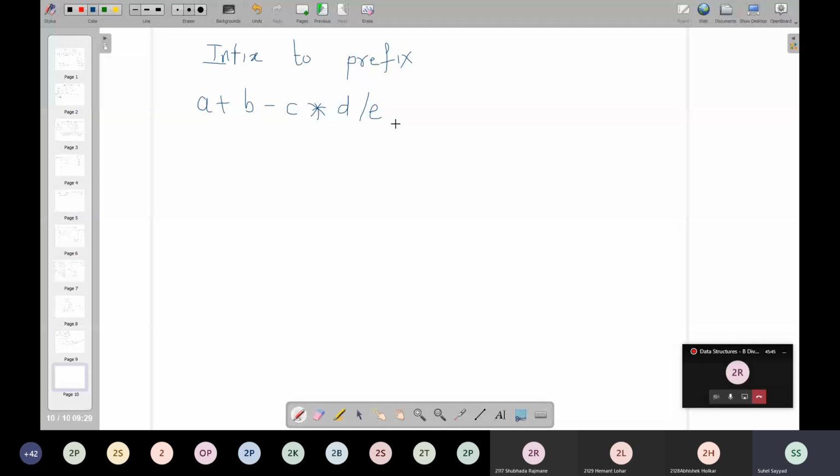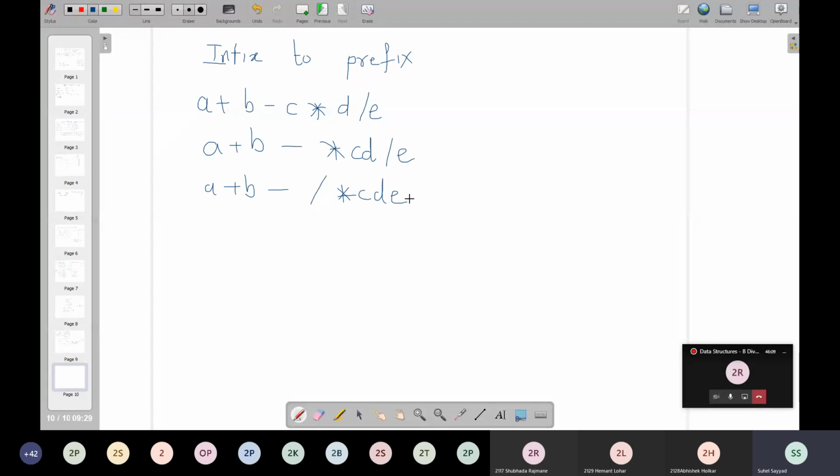So let us solve the infix to prefix with the traditional method first. Which is the first operator that will be resolved in this case? Multiplication, right? So multiplied CD will be solved first. Then what will be solved? Division. So divide multiplied CD, E will be the output.